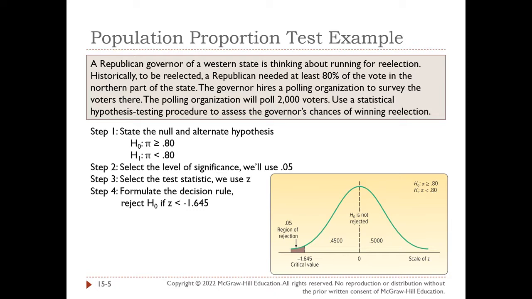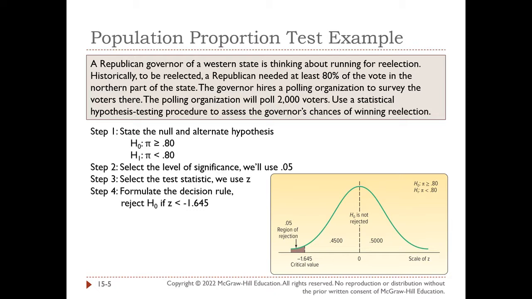Okay. The level of significance we're going to be using is 0.05, again the most common one. And since we're dealing with greater than and less than, we have a one tail test, as shown in our little chart there. We're going to select the test statistic.